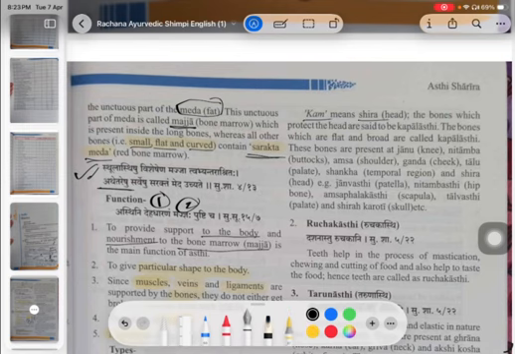Kam means shira, head. The bones which protect the head are said to be Kapalasthi. The bones which are flat and broad are called Kapalasthi. These bones are present in Janu, like patella, Nitamb, like the hip bones, ilium, ischium, and pubis. Ans, that is shoulder, we have scapula. Gand, cheek, zygomatic bone. Talu, we have palate.